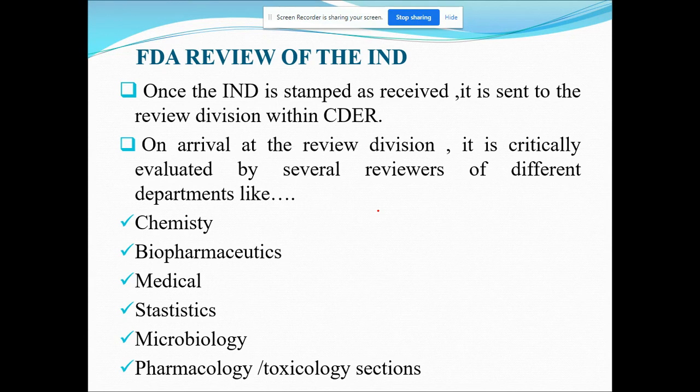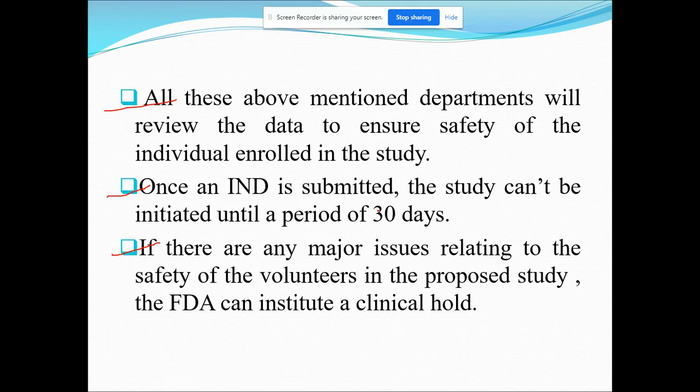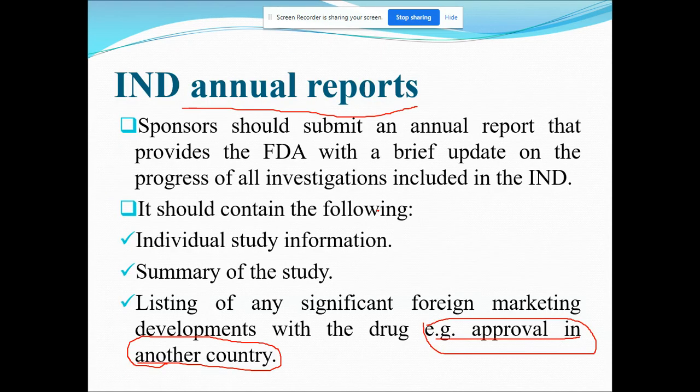And then I have explained the FDA review of the IND, which departments are going to review our IND application, and what are the outcomes of that particular review. And finally, I explained the IND annual reports. Once you got the approval for the IND, once you got the permission to start up with your clinical studies, then student, we have to submit the annual report to the FDA, showing the progress.